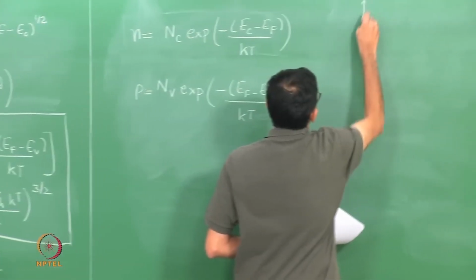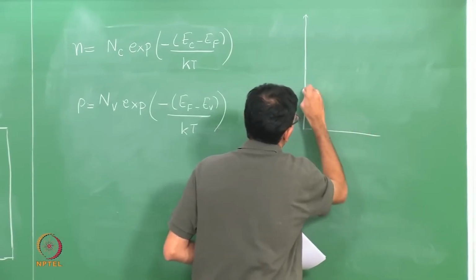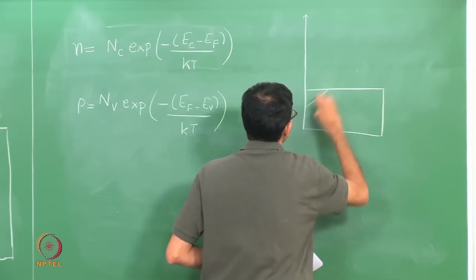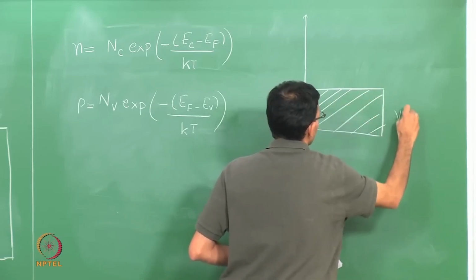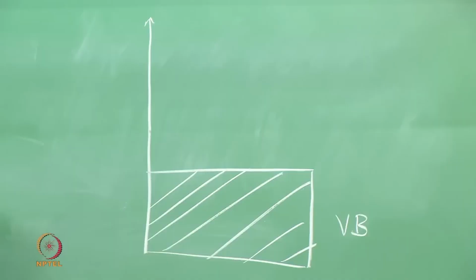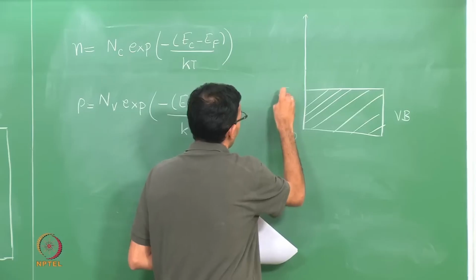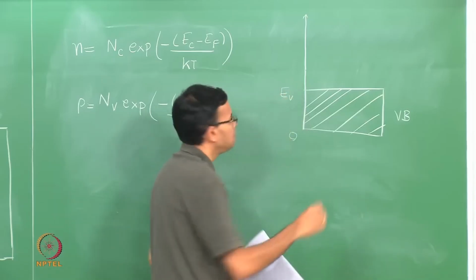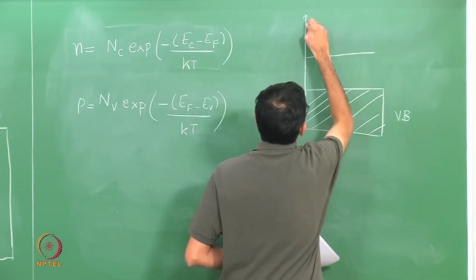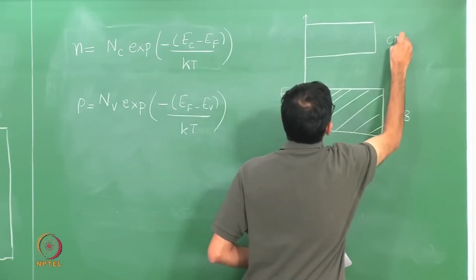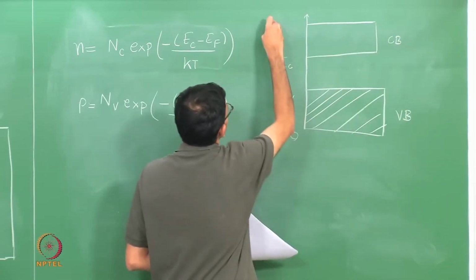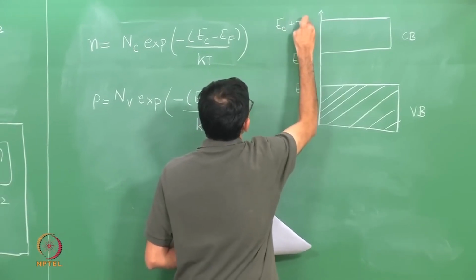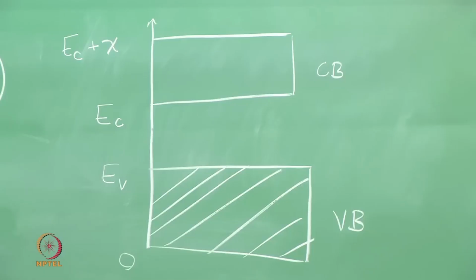If you draw this, you have a valence band, the base of the valence band is set as 0, the top of the valence band is Ev, then you have a conduction band, the base of the conduction band is Ec, the top of the conduction band is Ec plus chi, and the difference between the valence band and the conduction band is the band gap.